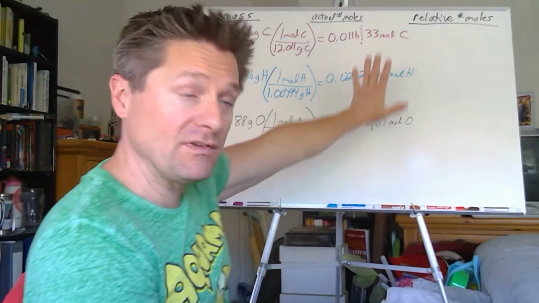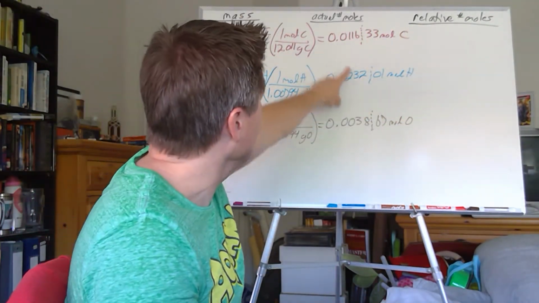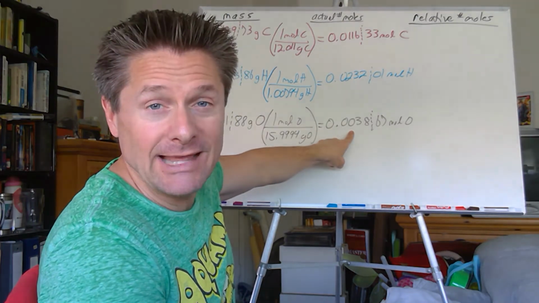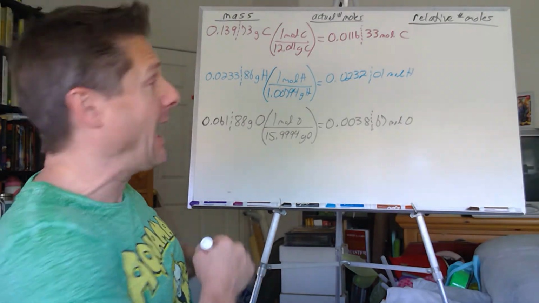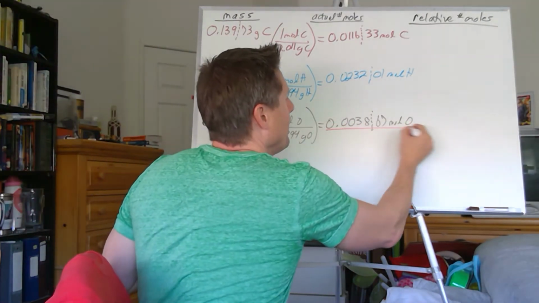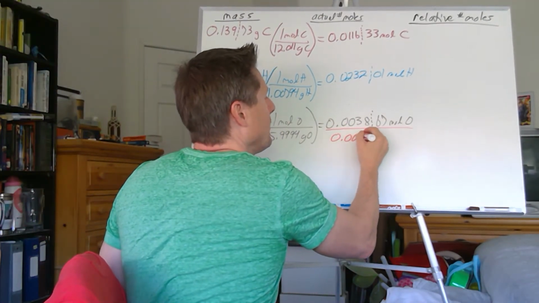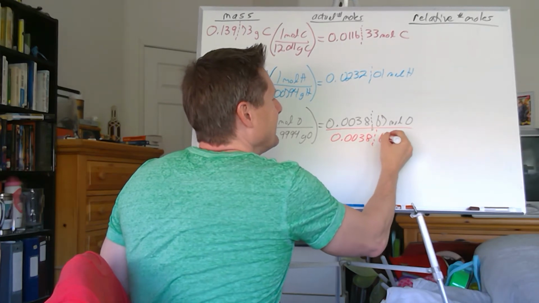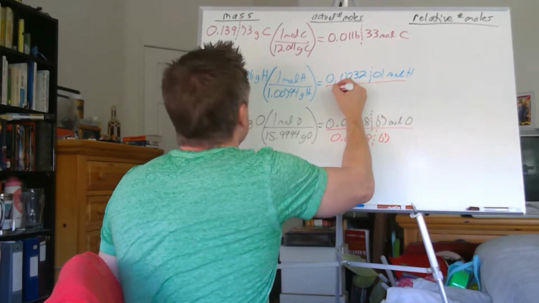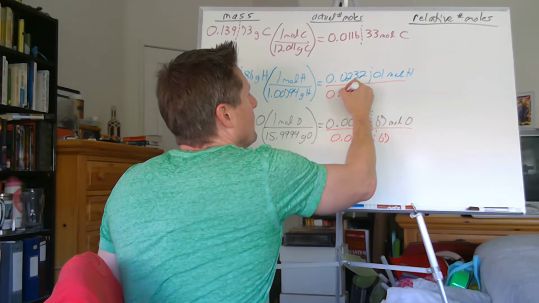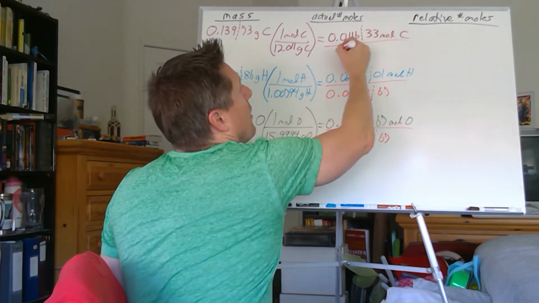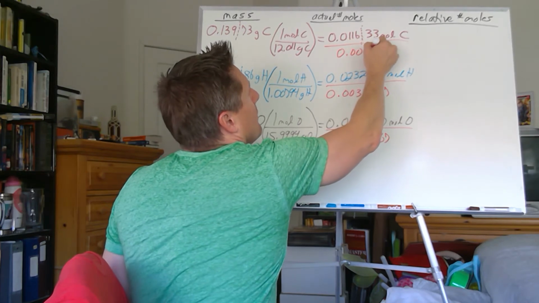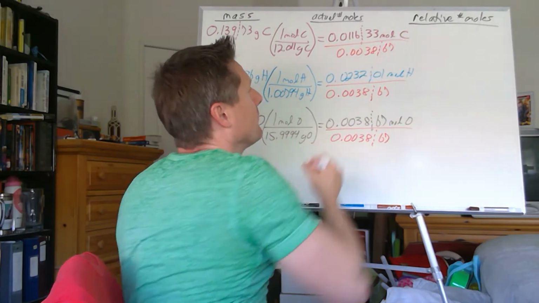Find the lowest of these 3. Looks like the oxygen. I'm going to divide them all by that number, not the moles, though, just divide them all by that number. 0.003867. Let's do the same thing with the hydrogen, 0.003867. Same with the carbon, 0.003867.